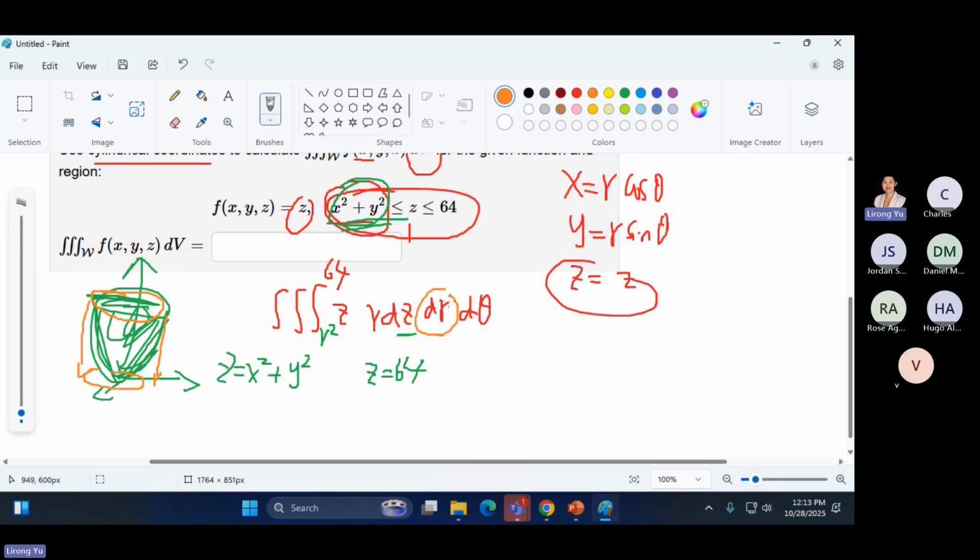For the boundary of the radius, you set x squared plus y squared equal to 64. That will be a projection of this edge onto the plane, and you can see the radius is r equal to 8. So r from 0 to 8. It's a full circle, so 0 to 2 pi for d theta.